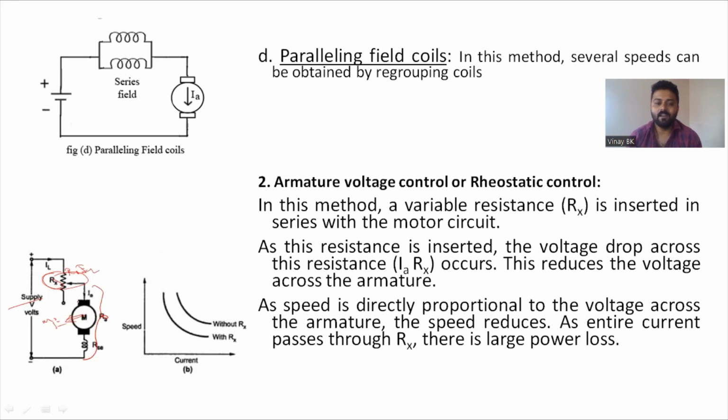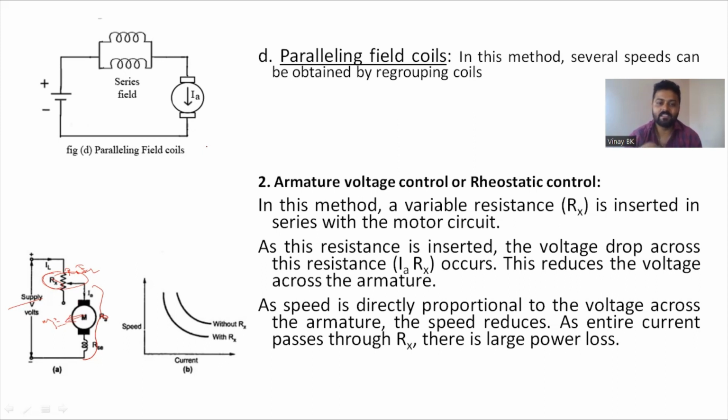By connecting an additional rheostat in series with the motor circuit, we can control the speed of the DC series motor below the rated speed. If the voltage reduces, the speed is going to decrease. So here you can control the speed below the rated speed of the DC motor.